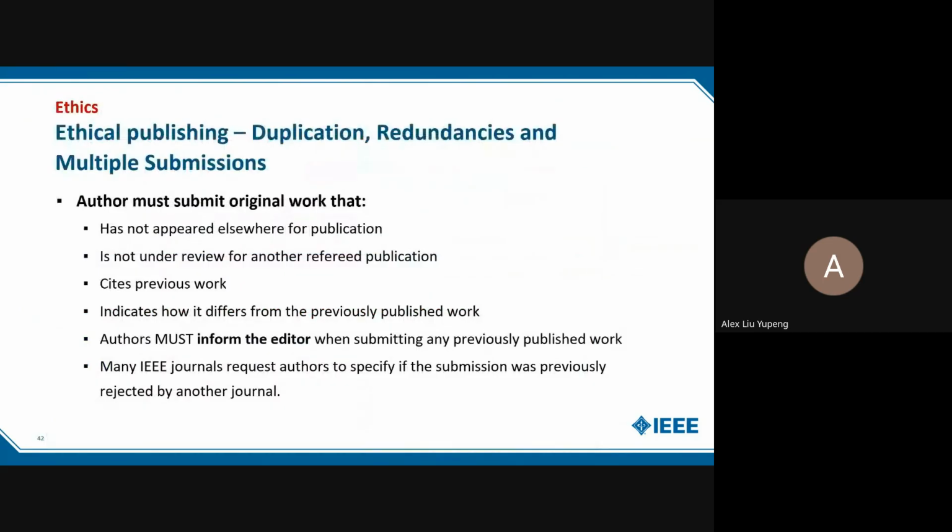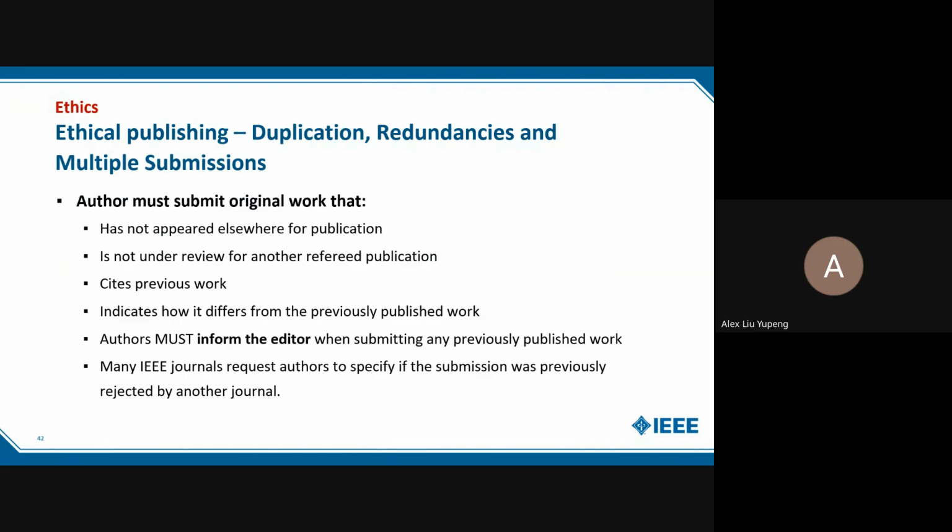And the last but not least is the duplicate submissions. If you have one paper, you should only submit to one venue, and you should only submit original research, which means research that has not been published before, research that is yours, not somebody else's, and research that has not been submitted to other places.